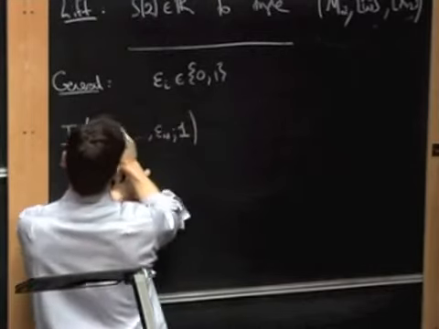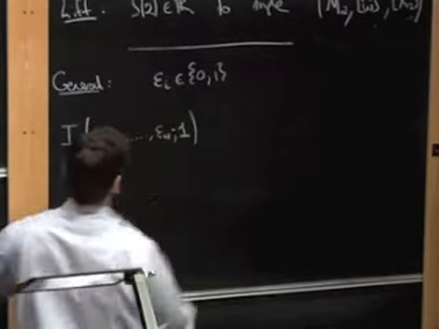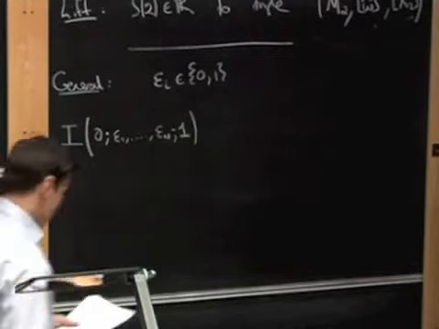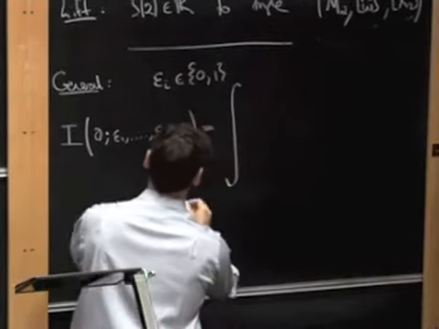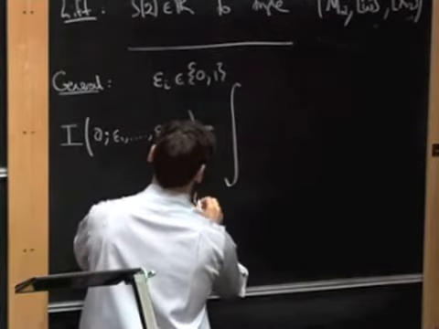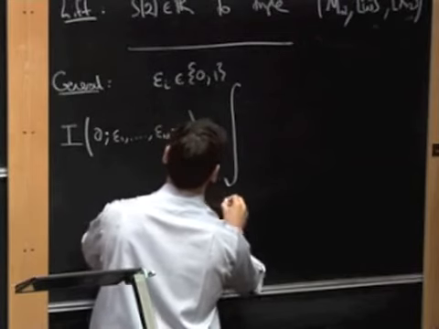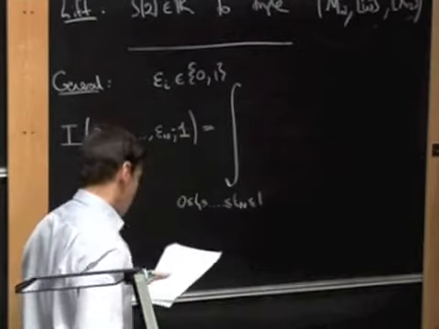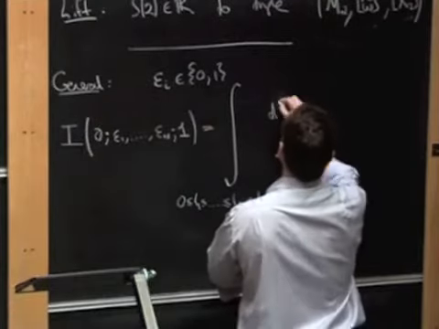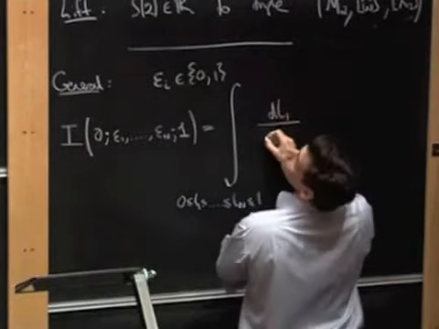So here there's a semicolon at the beginning and end, and lots of commas in between. And this is the integral now over an n-dimensional simplex of this differential form.